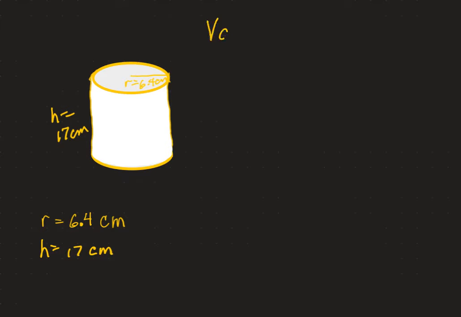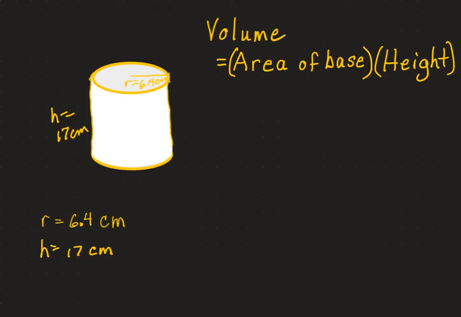So our volume is going to be the area of the base times the height of the cylinder. Or in other words, when we're talking about the area of a base or the top of the cylinder, we have pi times the radius squared, and then we would multiply it by h.